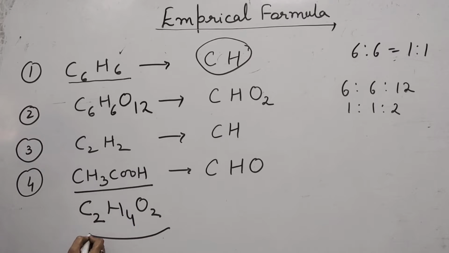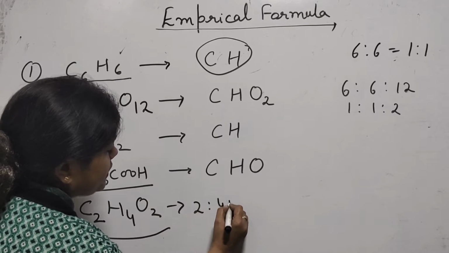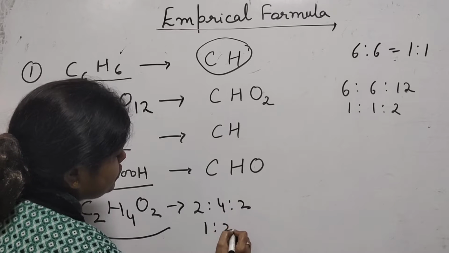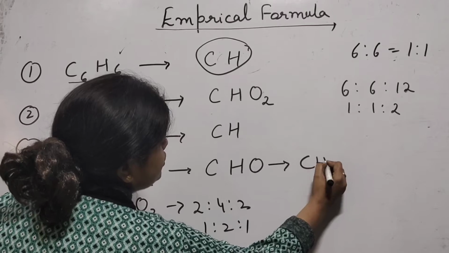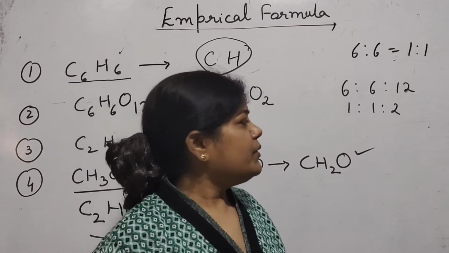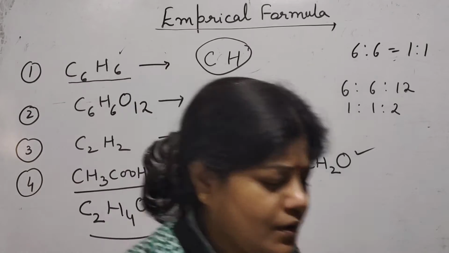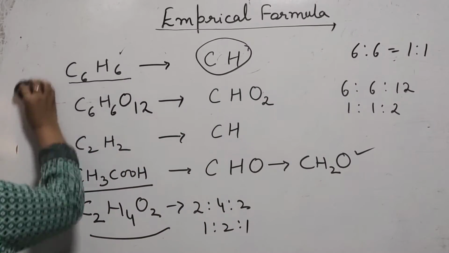Now it is very easy to find the relationship between them. So we have the ratio 2:4:2, that is 1:2:1. So what is the empirical formula? CH2O. Clear?